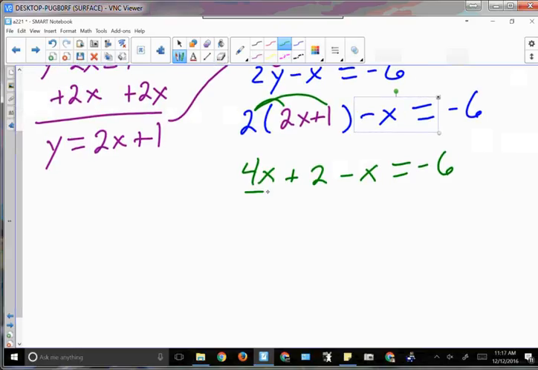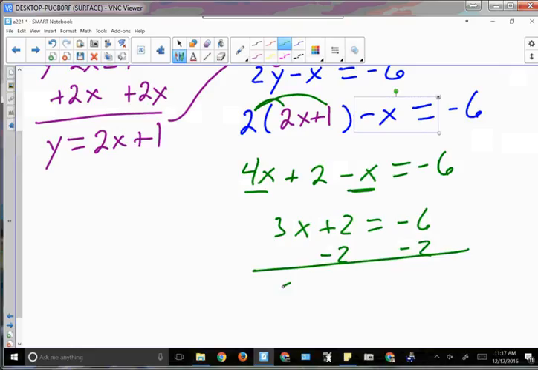So I combine like terms here and here, so that gives me 3x plus 2 is equal to negative 6. Subtract 2, and I end up with 3x is equal to negative 8.